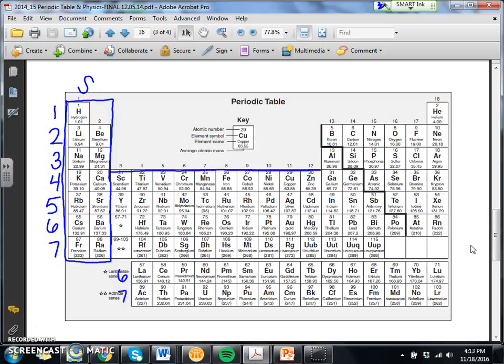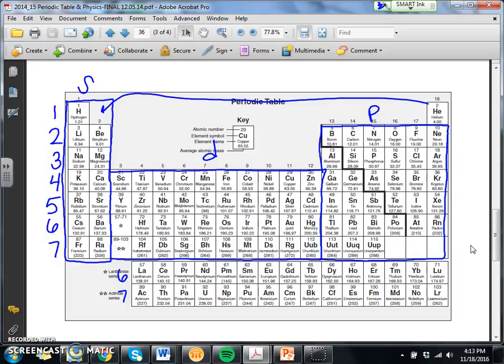Column 3 through 12 represents the D sublevel. The rest of them is sublevel P. Helium goes over here with hydrogen, and then these down here are the F sublevel.